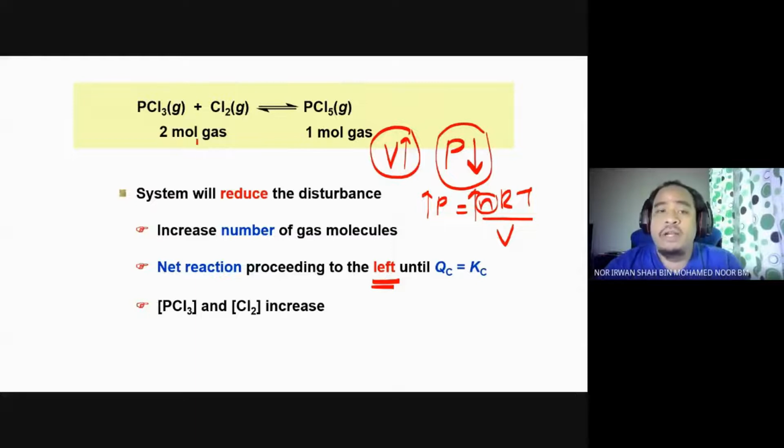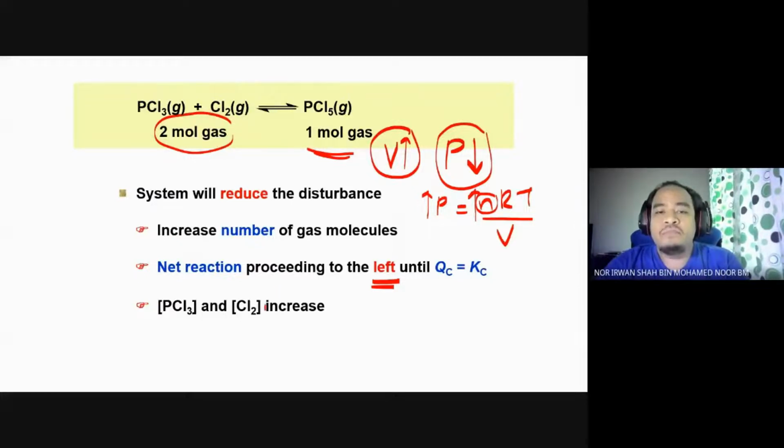Why? Because on the left side of this equation there are 2 moles of gases. On the right side there is only 1 mole of gas. So in order to increase the moles of gas, the system will produce more PCl3 and more Cl2.